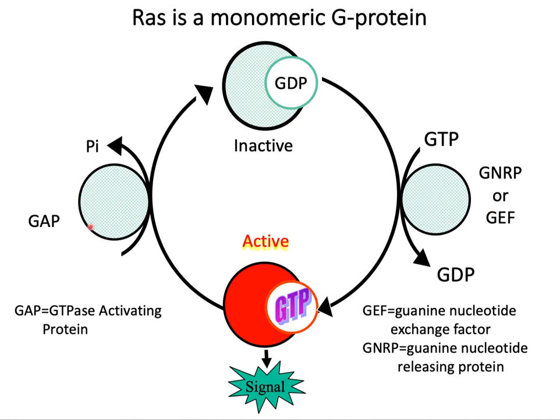And so it needs the help of another protein, which is known as GAP, which stands for GTPase activating protein. But this is very important. It is not the GAP that is hydrolyzing the GTP to GDP. It is RAS itself. The GAP is only helping to enhance the intrinsic activity of the RAS, but all GTPase activity is in the RAS itself.